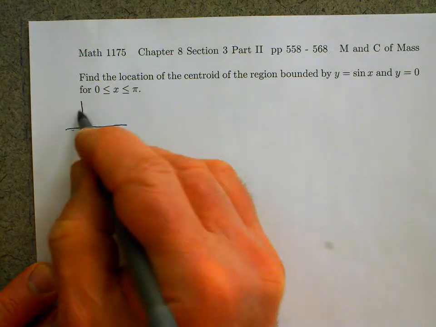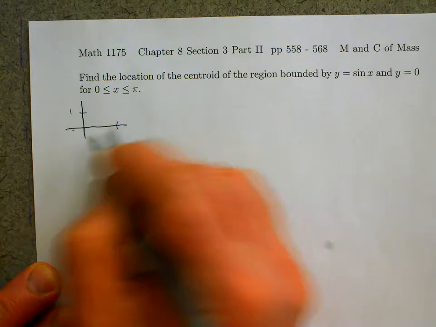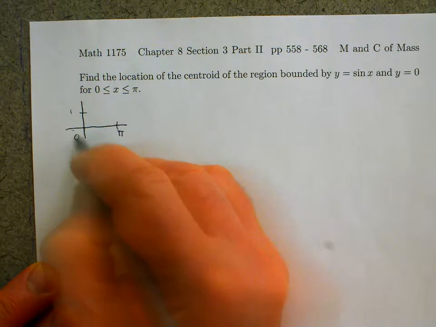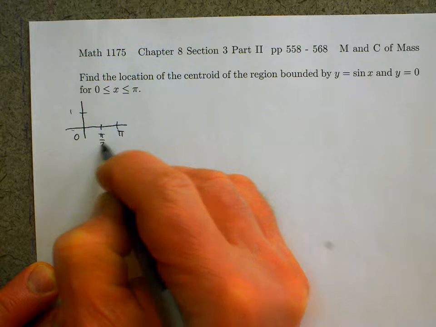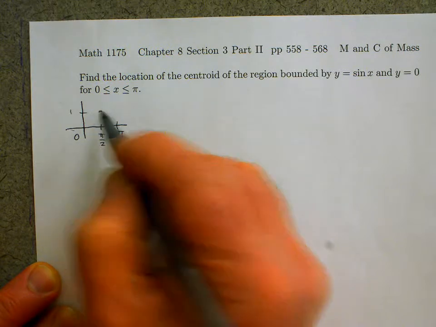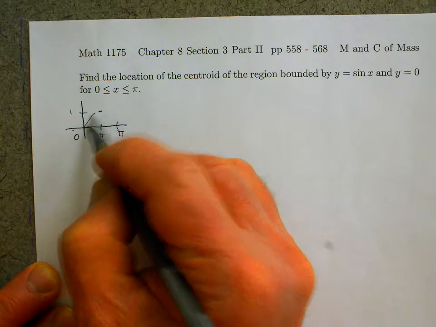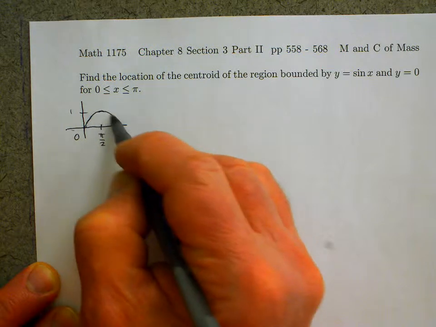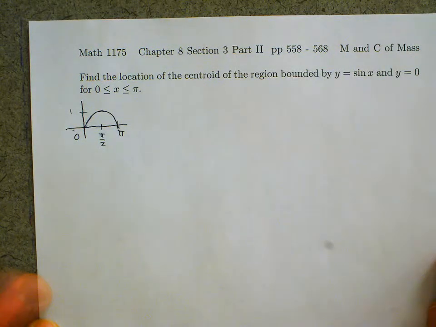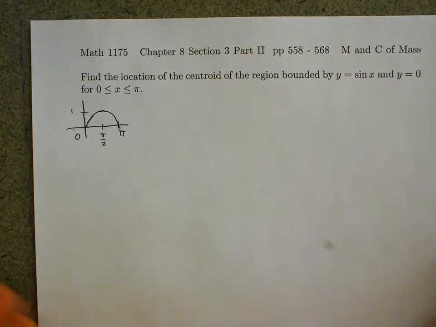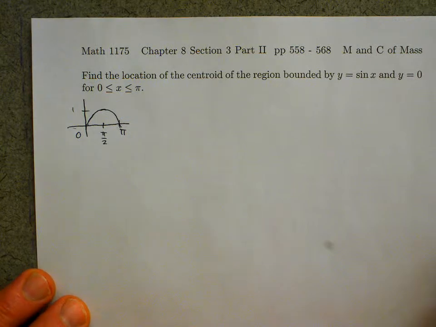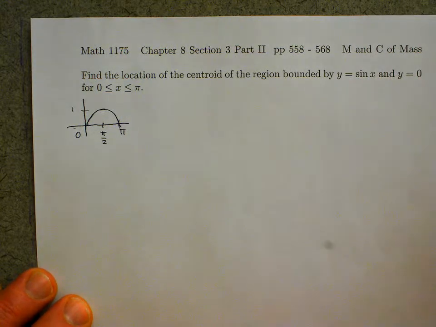So from 0 to pi, and sine of pi over 2 is 1, so the graph of sine of x on that interval looks something like that.